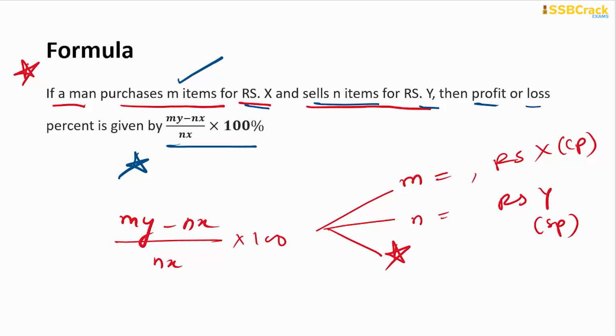If that is the case, we can calculate either the profit or the loss that the person had with this formula: (MY minus NX) upon NX into 100%. I hope you understood this. So check out one example then.